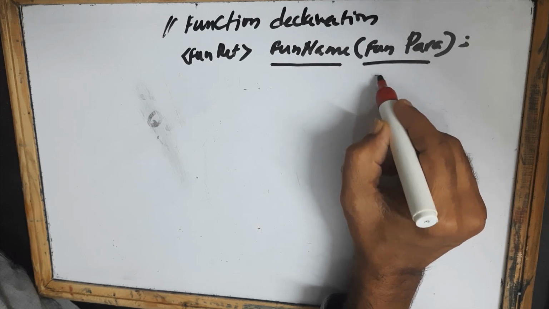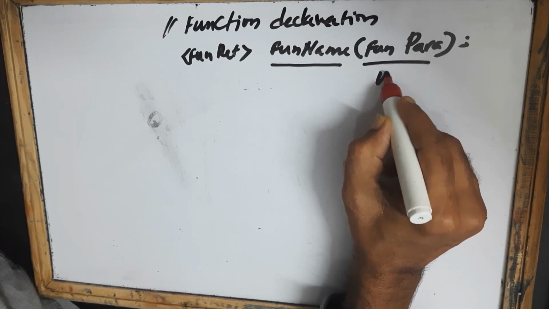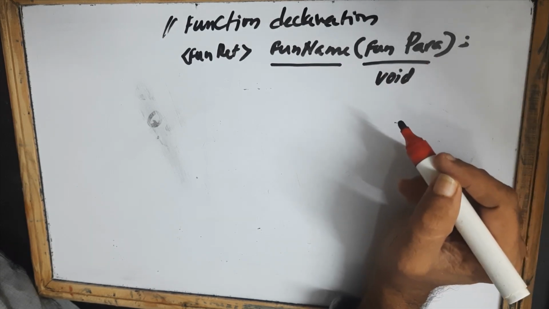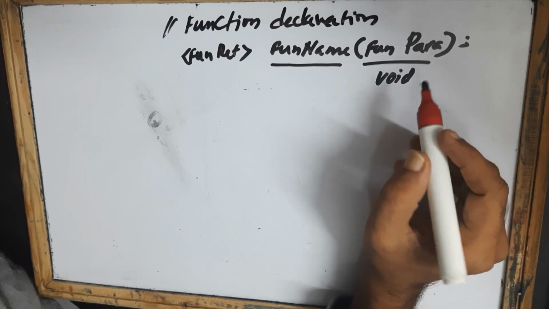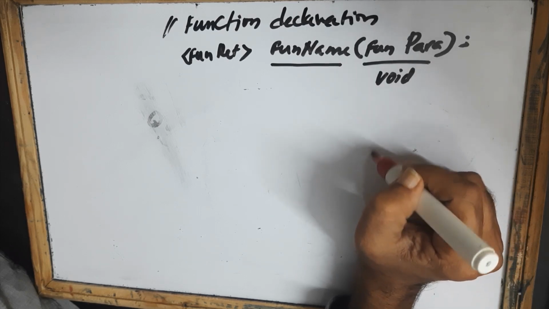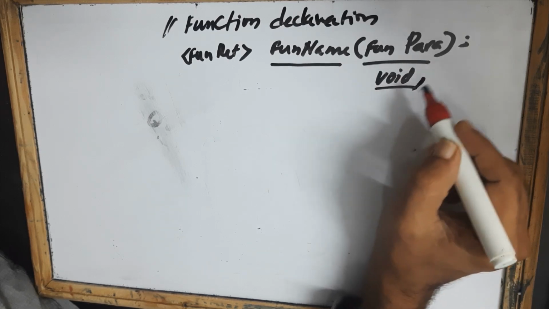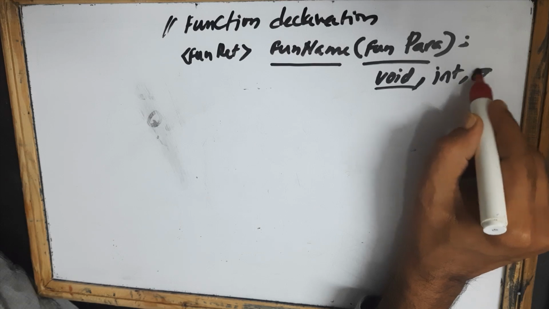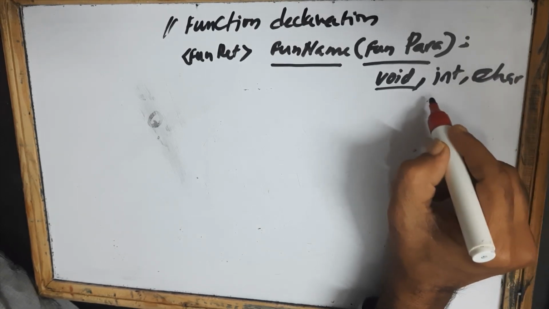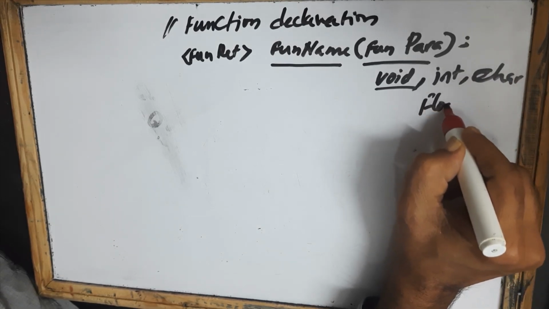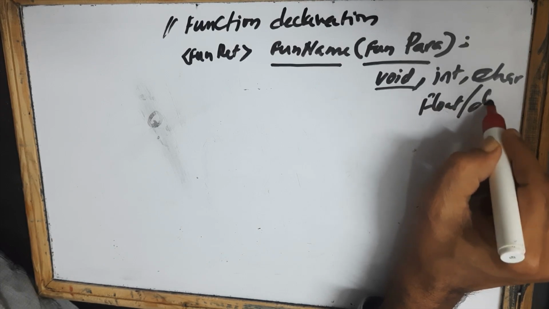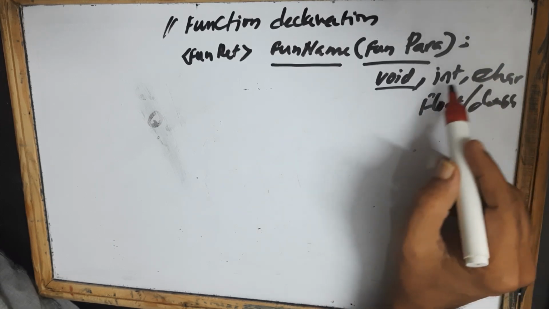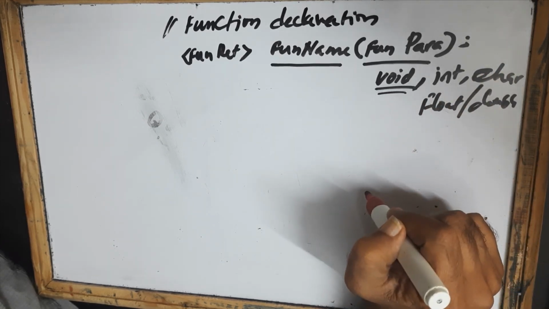This can be void, that means empty. If you don't want to send any parameters to the function, you can leave it as void, or you can have any data type: integer, character, float, and double. So any parameters, or you can leave it empty.